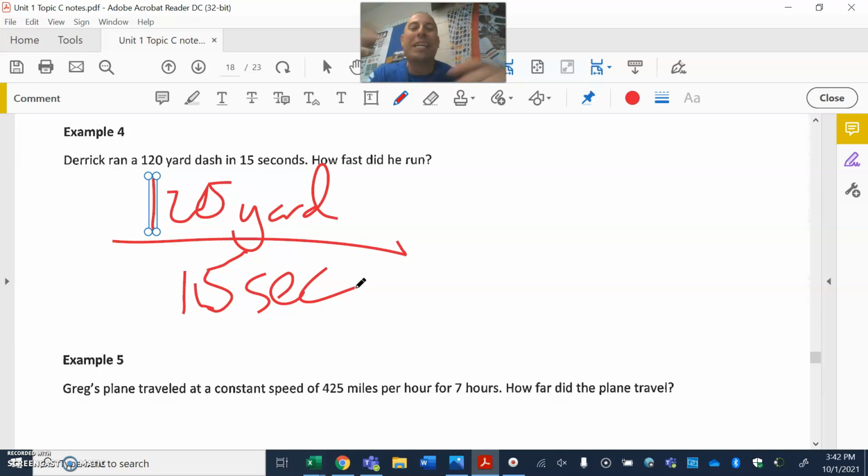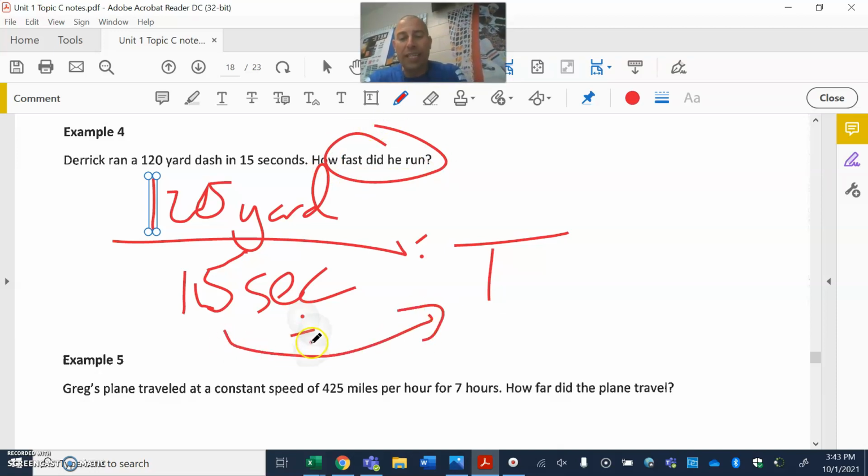It's a rate, so we need both units of measurement in it. We want to know how much it is for one. If they're asking how fast did he run, we're talking unit rate: how much for one? We need to divide by 15, always by that bottom number. I reach for my calculator, type in 120 divided by 15, and we get a nice 8.